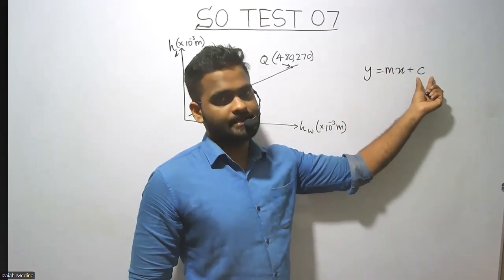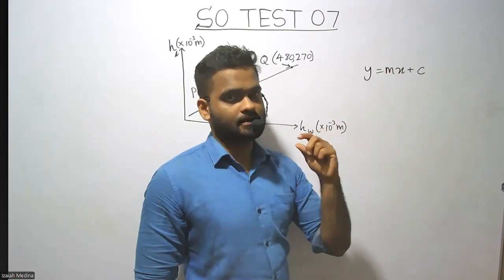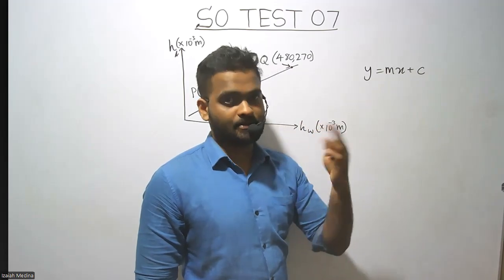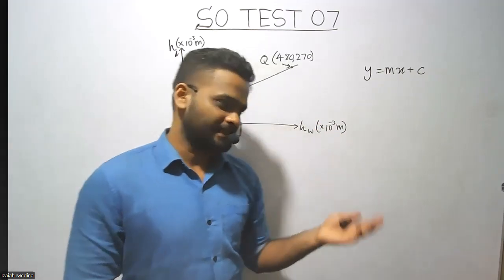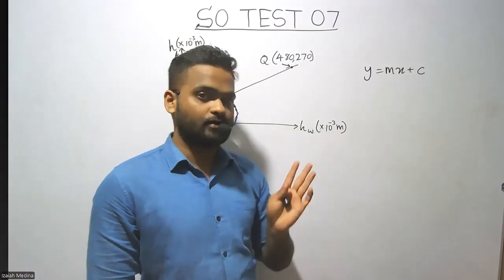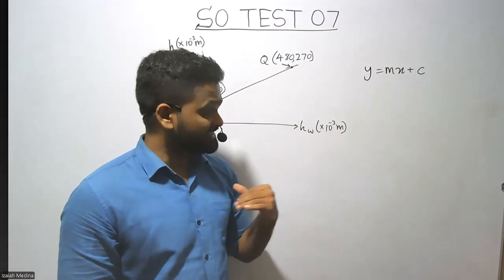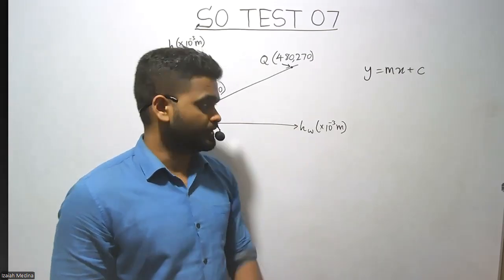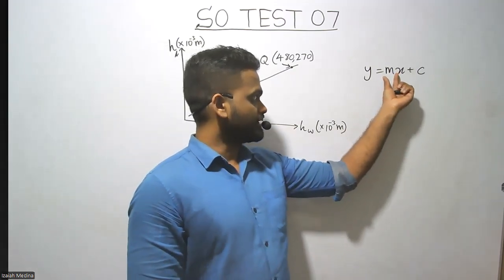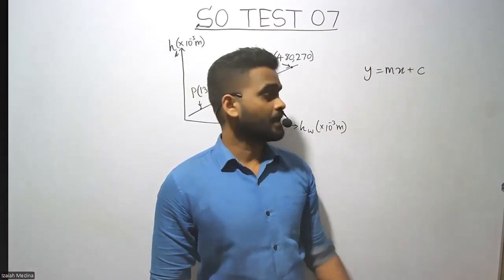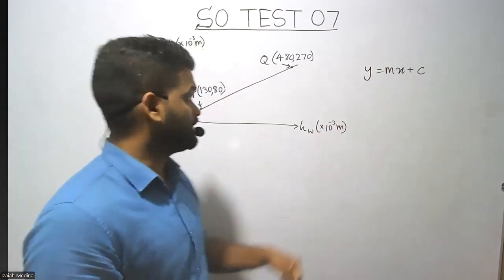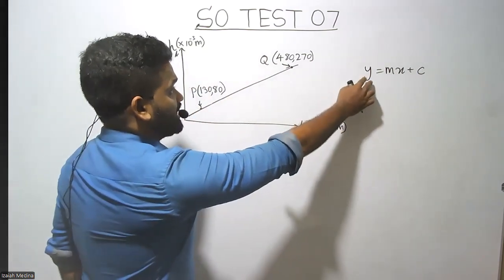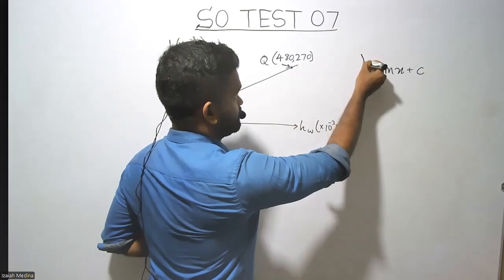Intercept is easy to understand, but gradient is something that some students find difficult to understand. But once we are done with this, you will have an in-depth understanding of gradient as well, right? So m is the gradient, c is the intercept. Then we have these y and x, right? These words are important.